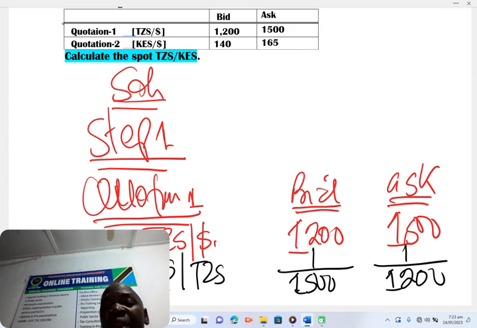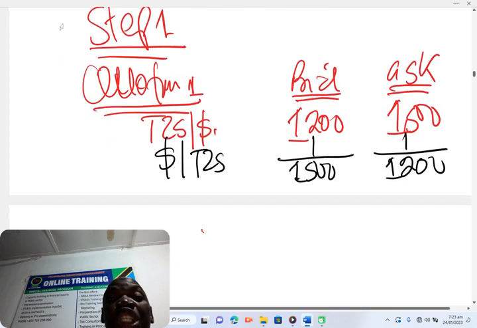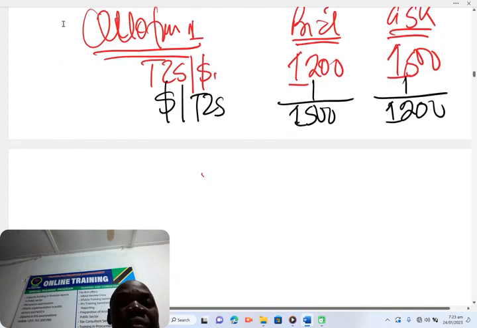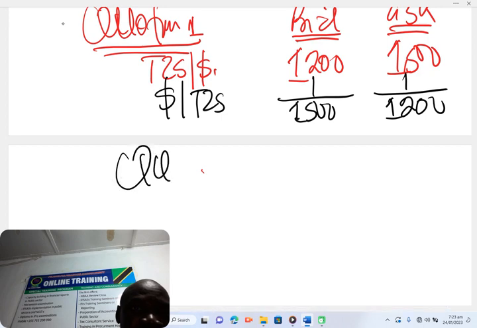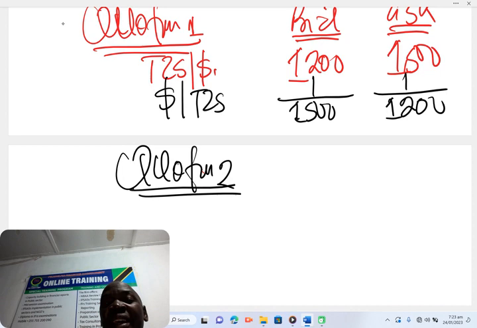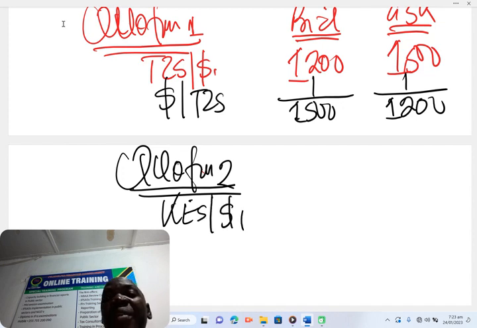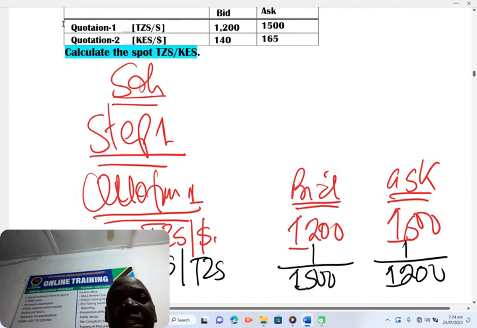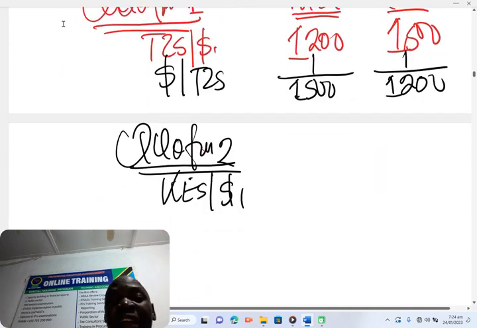So good. We move to quotation 2. You see, in quotation 2, what is happening? It is Kenyan stroke USD. How much was that? 140, 165.